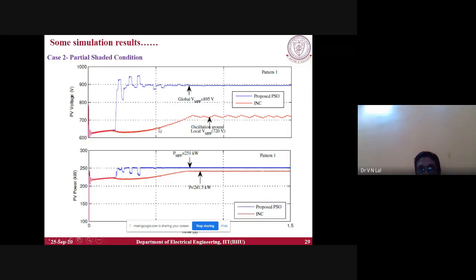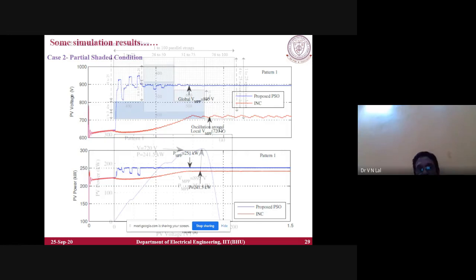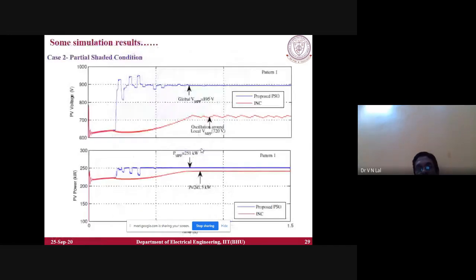It is searching, but very delayed. The searching time is too large compared to this one. Moreover, it is sticking to voltage equal to 720 volt. This is the local peak, not the global peak. The local peak is 720 volt, and the global peak is 895.